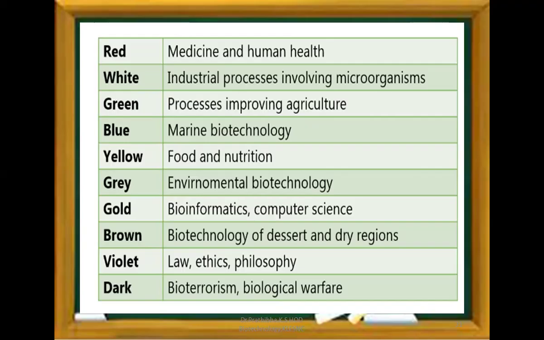Then violet biotechnology is related to law, ethics, and philosophy, dark biotechnology is bioterrorism, and brown biotechnology focuses on the biotechnological aspects in the desert.